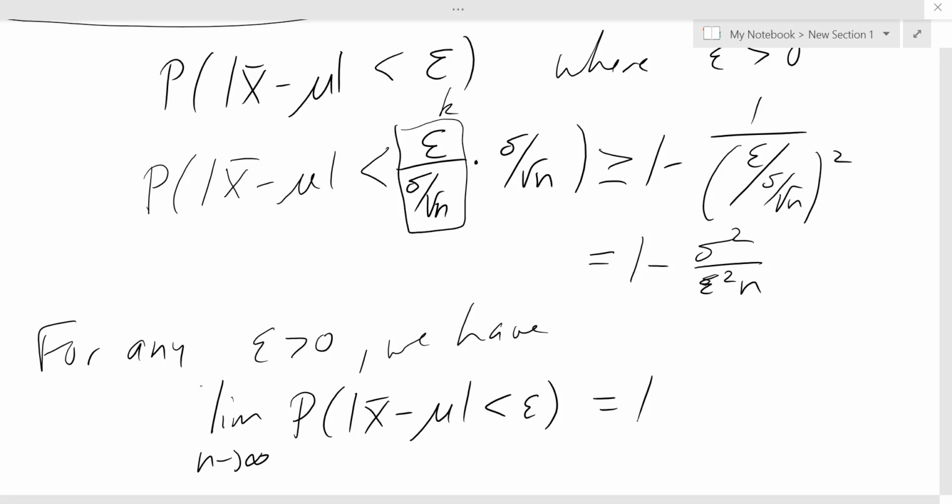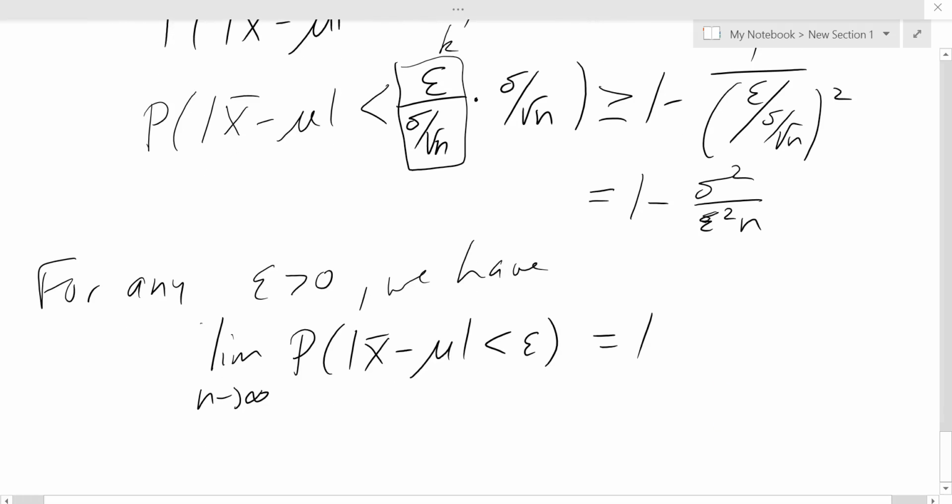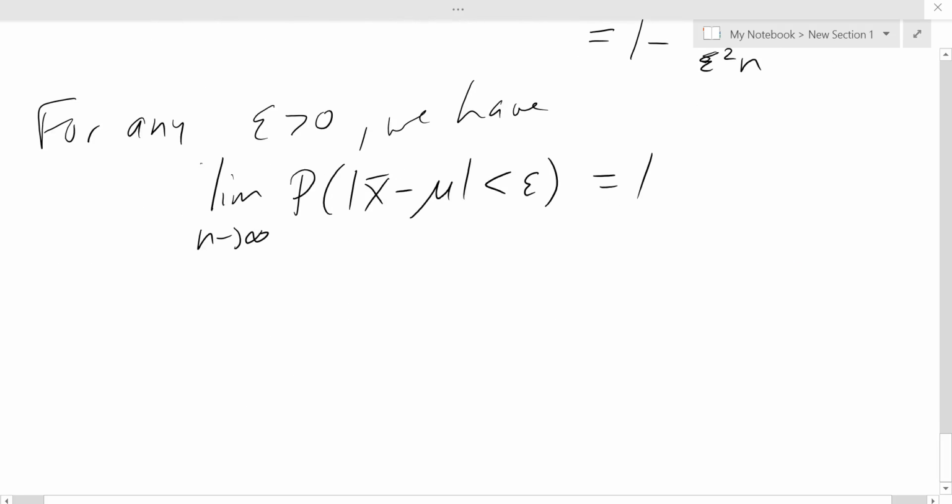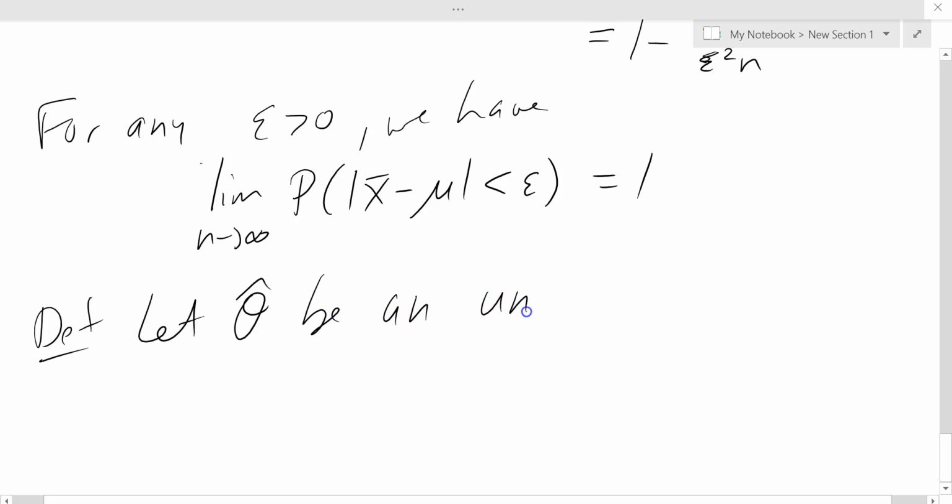Okay. So this particular property for sample means gives us an idea of a new definition in general for estimators. And I'll just write this definition down. I will play with it more next time. We're going to let theta hat be an unbiased estimator for theta.